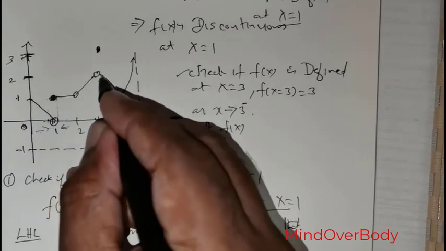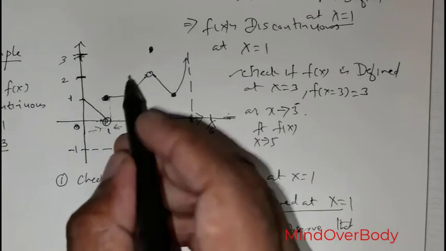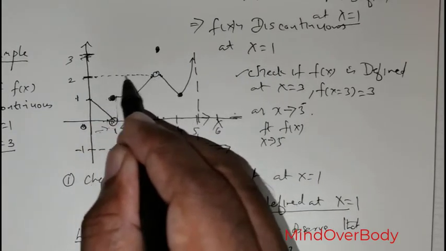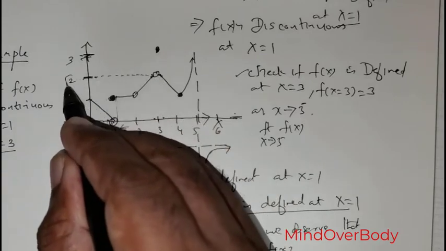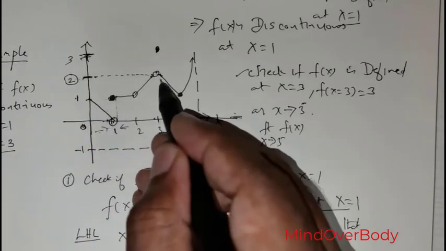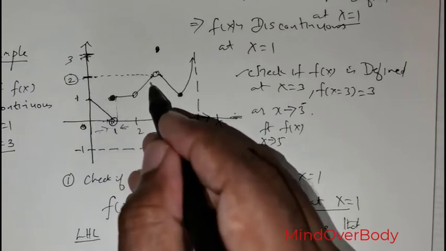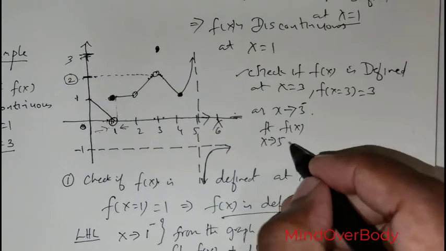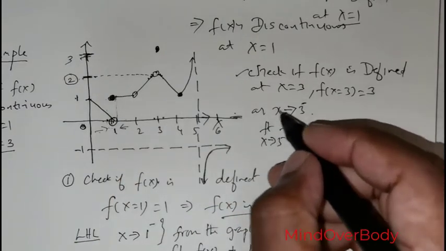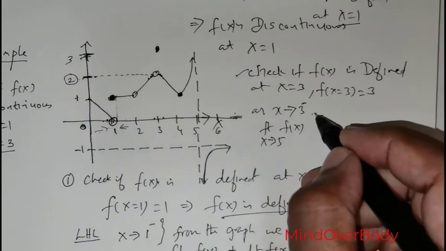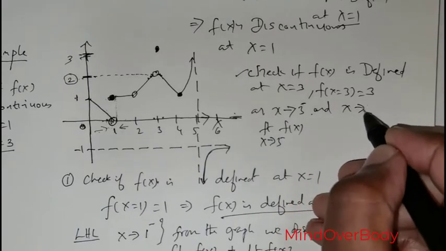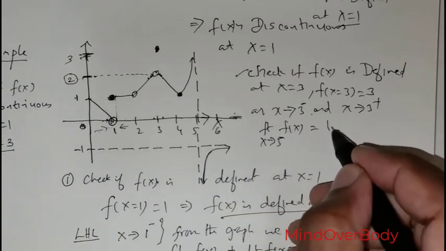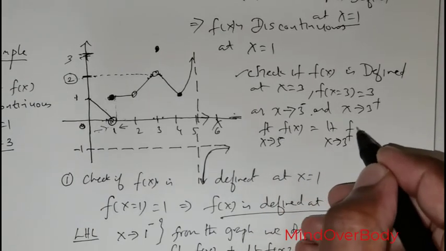If you were to move closer and closer, you will find that the value that they meet up at would be 2. So this will be the value no matter how close they go. So you can clearly see that the left hand limit and the right hand limit will be one and the same from the graph. So as x approaches 3 from the left side and from the right side, limit x tending to 3 minus of f of x is equal to limit x tending to 3 plus of f of x.